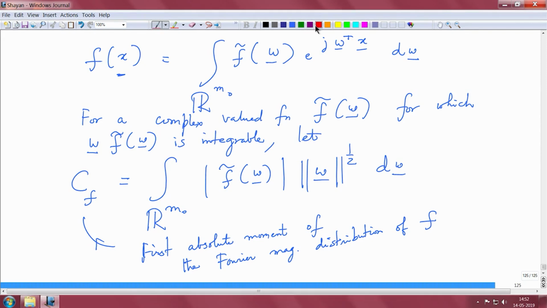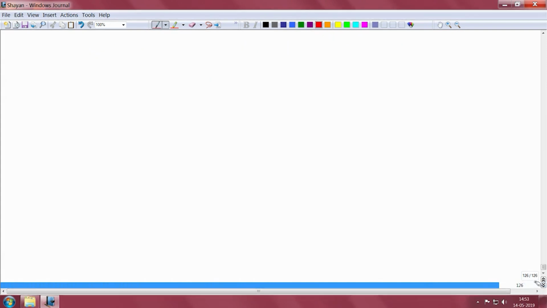I would say that Cf in a way measures the smoothness of f. Now we have the following theorem from Barron, which basically provides a bound on the empirical risk based upon this parameter Cf. So let me get into the details of this discussion.